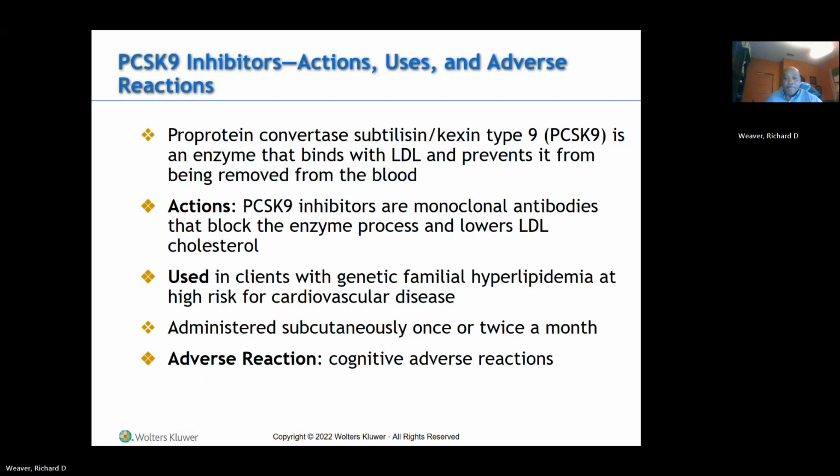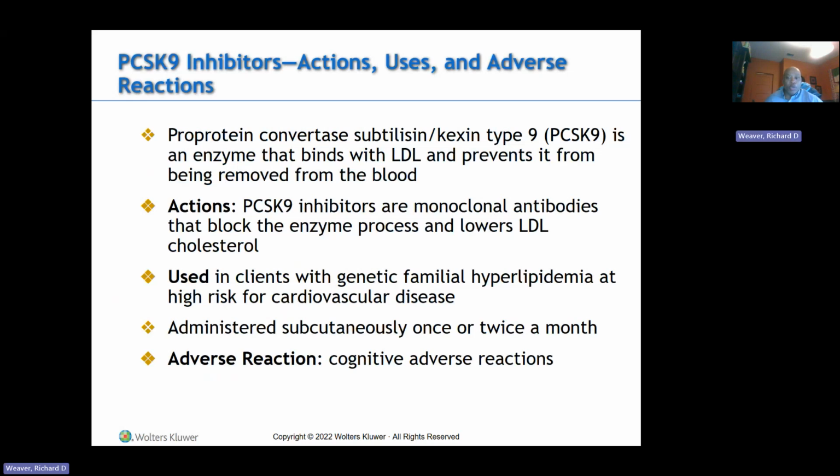So therapy for genetic familial hyperlipidemia begins with changing the diet initially, and also statin drugs. So we're doing both. Now, if this is not successful, then the drug is changed to this PCSK9 inhibitor.